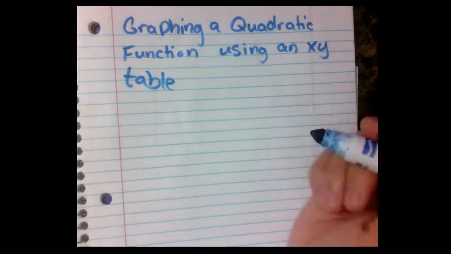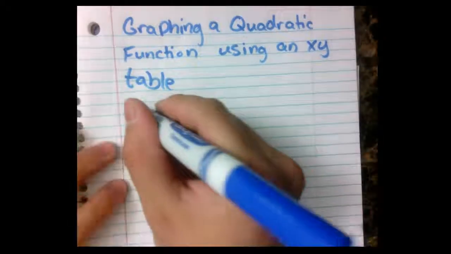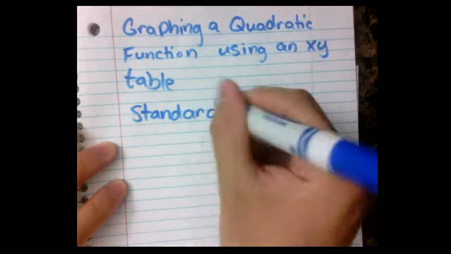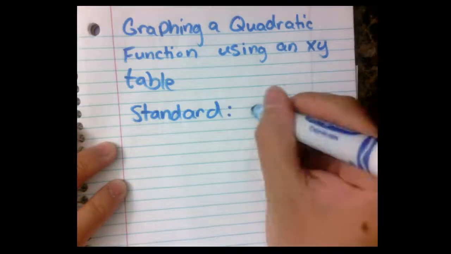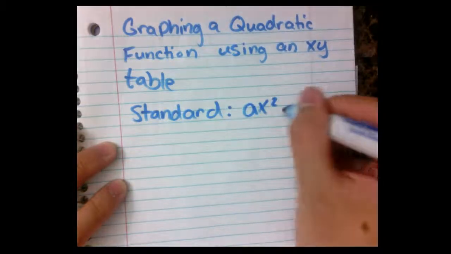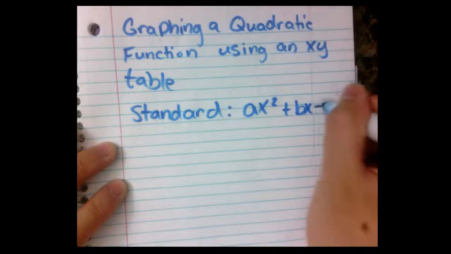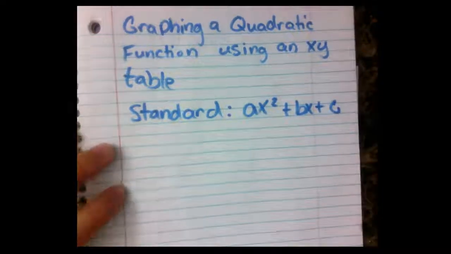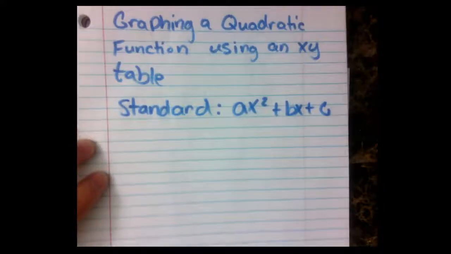Graphing a quadratic function using an XY table is going to be based on our standard form. Our standard form of a quadratic function is ax squared plus bx plus c. That's just our standard form, just like you would have with any other shape.